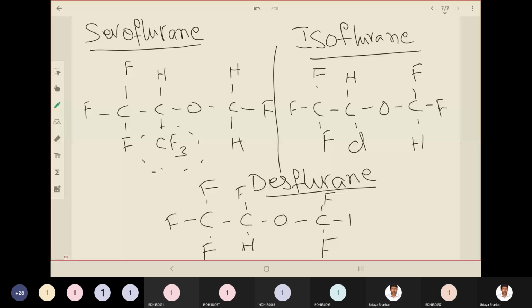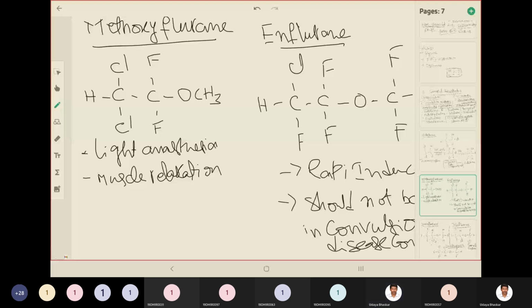So isoflurane is an isomer of enflurane. You observe that enflurane and isoflurane are both isomers.